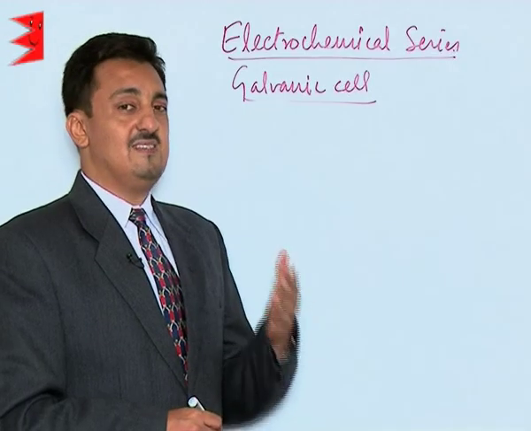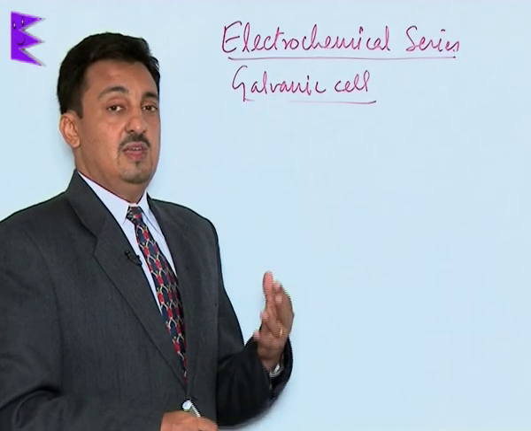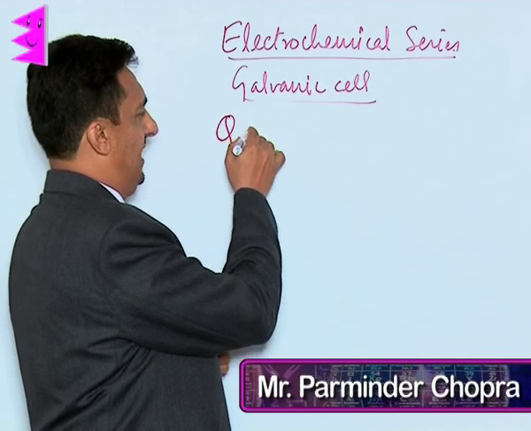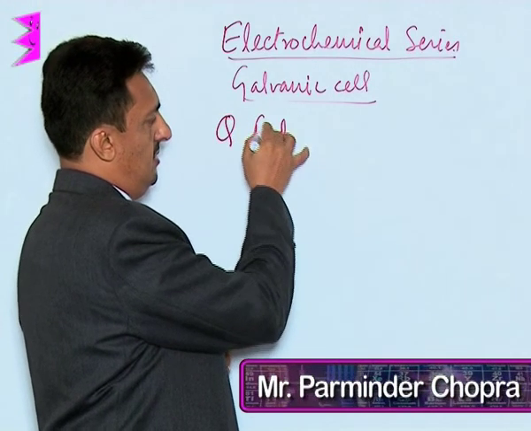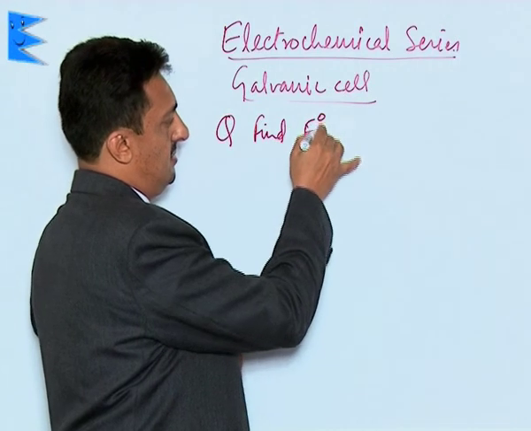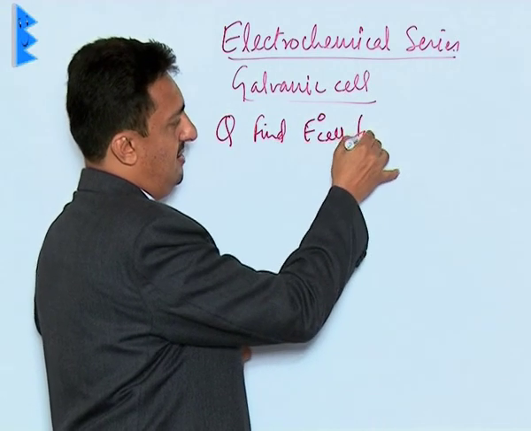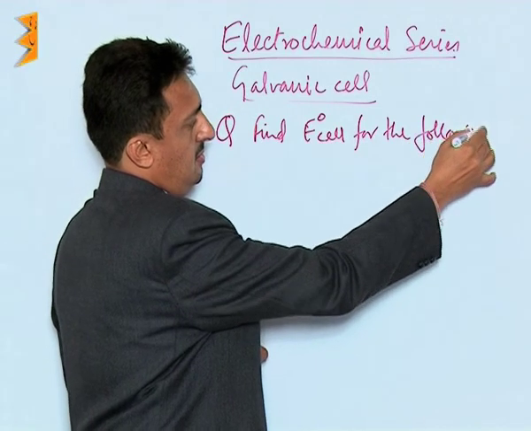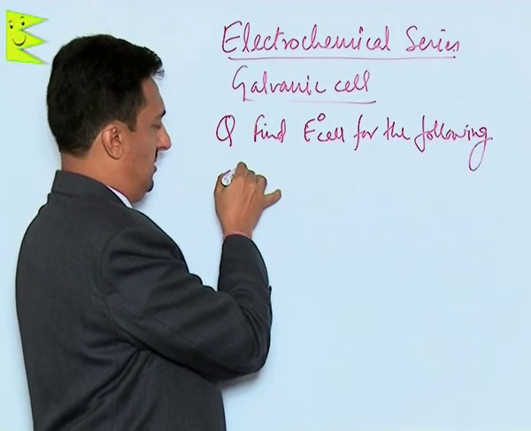Let us see examples of how we can find the cell potentials of galvanic cells. It's given in the form: find E0 cell for the following.